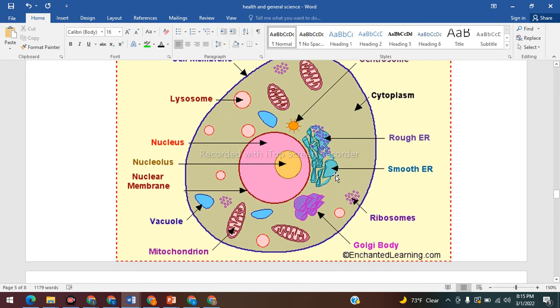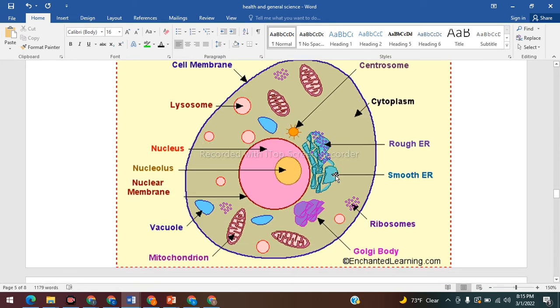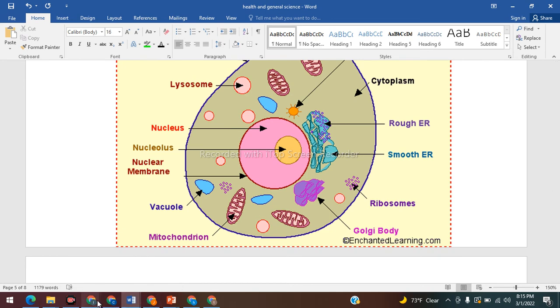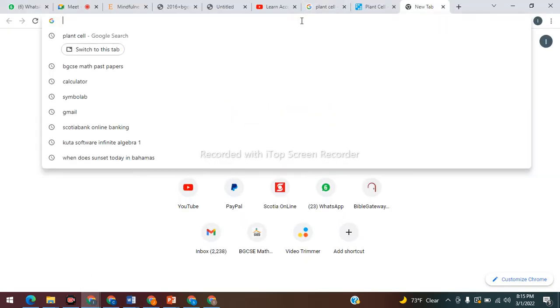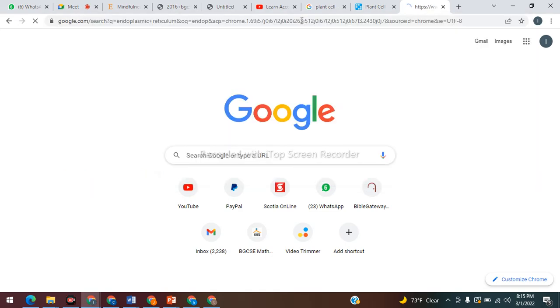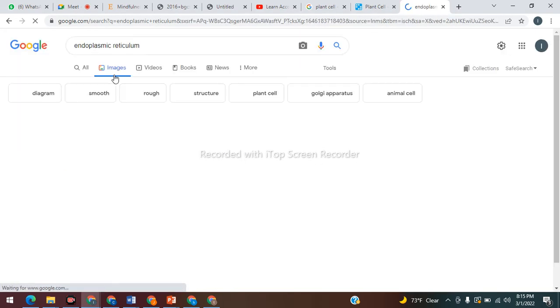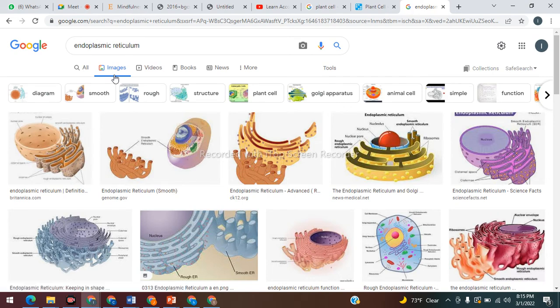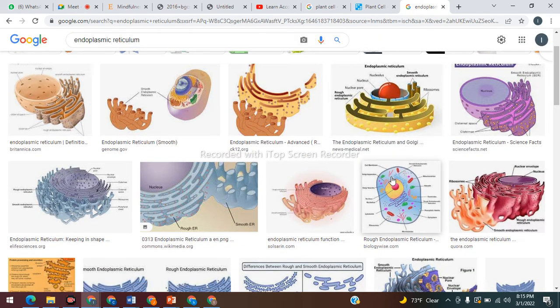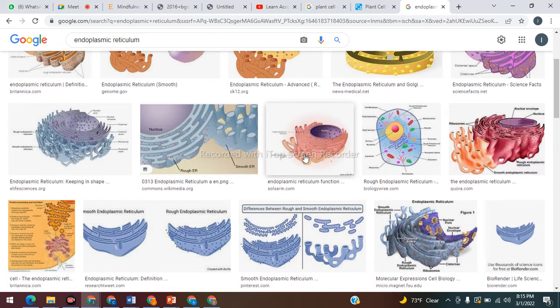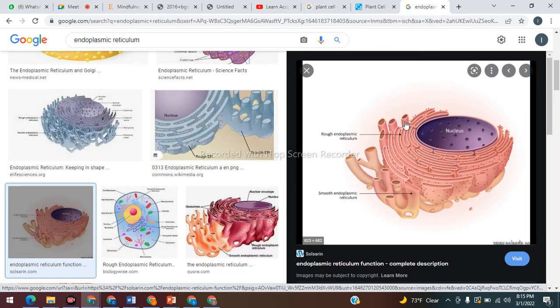But they both have endoplasmic reticulums and Golgi bodies. So the rough one is the one with the little spots on it, and the smooth one is the one without. So the endoplasmic reticulum, if you could find the nucleus, it's right underneath.